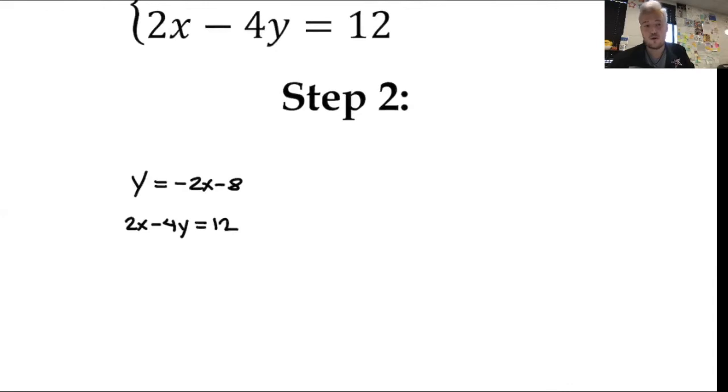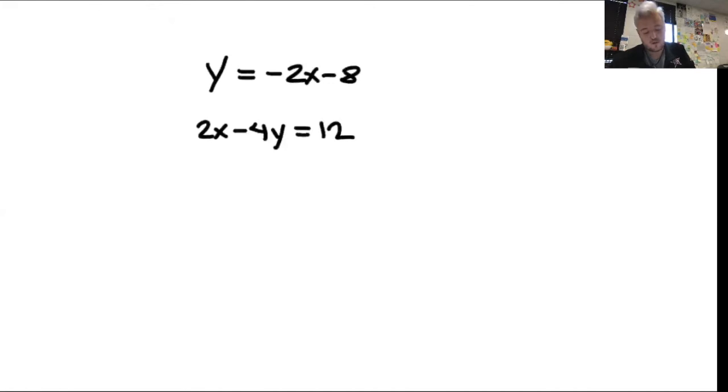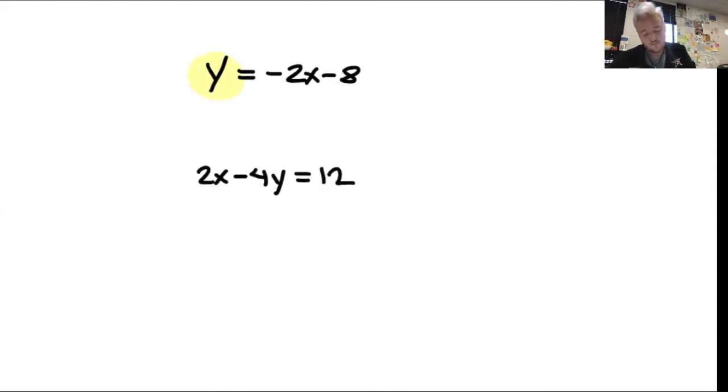All right, so I'm going to go on to step 2 since step 1 was done for us. Step 2 is when I take that equation that is already solved, meaning I already have a y equals equation here, and I want to throw all this in here for y. So y is the same as -2x minus 8.